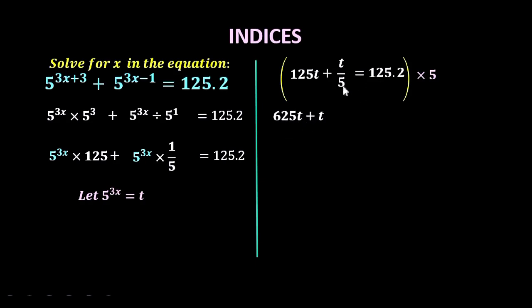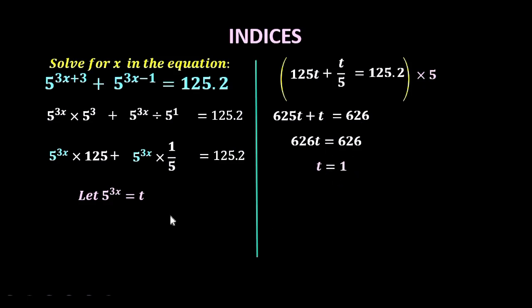And then t over 5 times 5 becomes t. The right hand side, 125.2 times 5, that should give us 626. Now the left hand side, when you add, we get 626t, and the right hand side is 626. So dividing both sides by 626, we realize that t is 1.